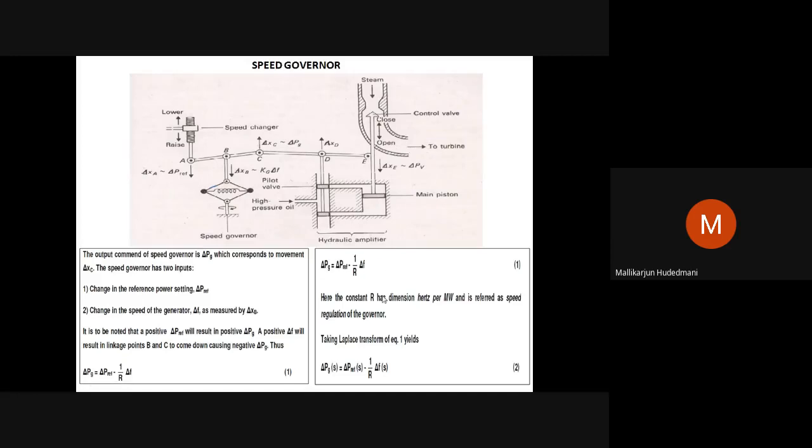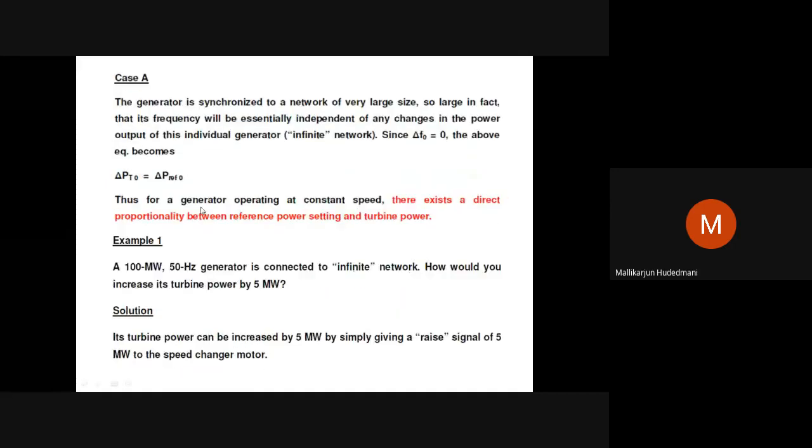That deviation is 0 in case of an infinite network. Therefore, you will get delta PG equal to delta P ref. Nothing but the governor is not in operation, then it comes back to the reference only. So that is the meaning over here. The turbine incremental power required when the generator is connected to an infinite network is the reference point shifting only.